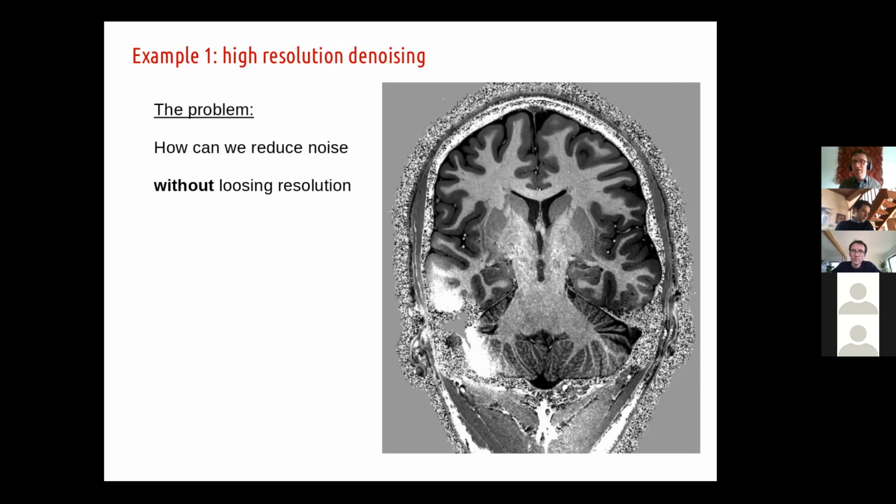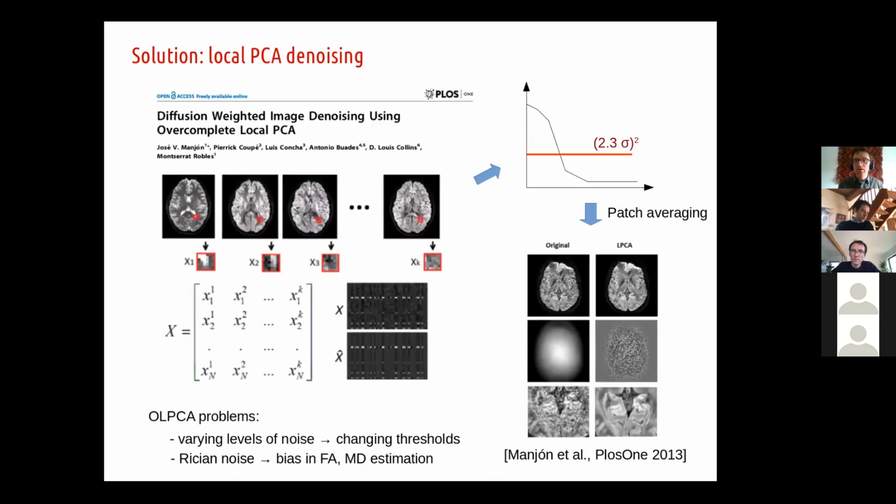It seems like a simple problem, but there hasn't been really a good solution for it until about 8 years ago now, when this paper comes out from José Mangeon and Pierre Coupé with the idea that you can use, in quantitative MRI, especially in diffusion MRI, the fact that you're acquiring data that is similar but not the same across multiple times.